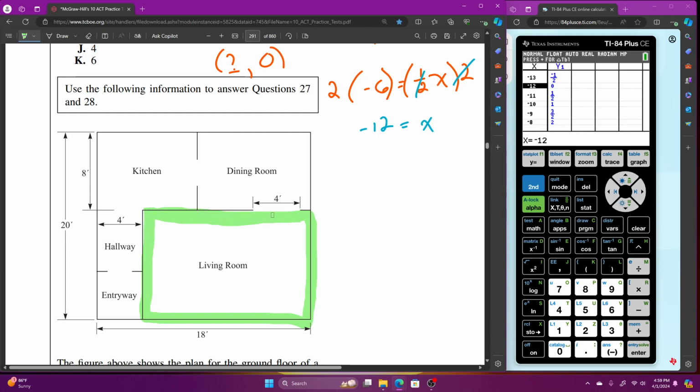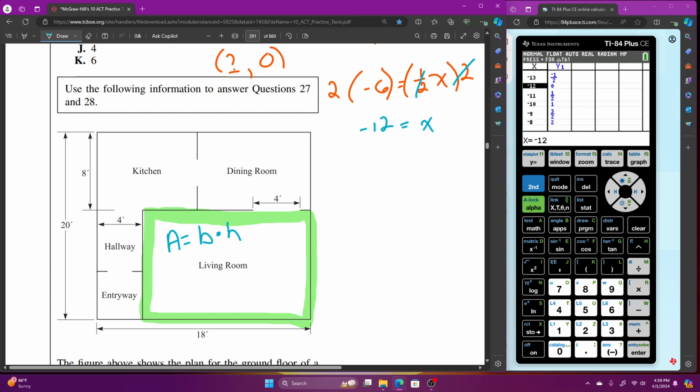And we want to find the area. How do we find area? Area equals base times height. Or you could say area equals length times width. Whichever, any way you want to get to it, that's fine.